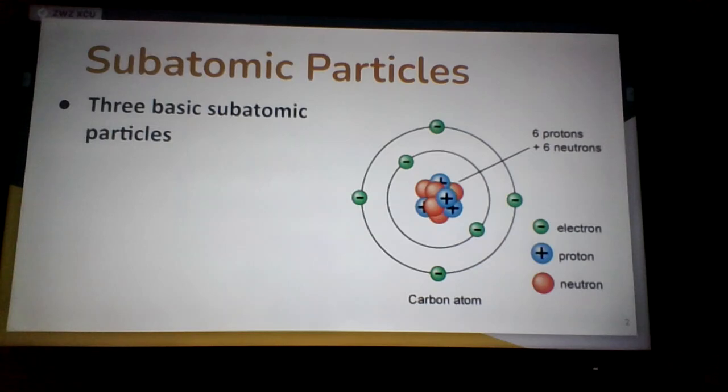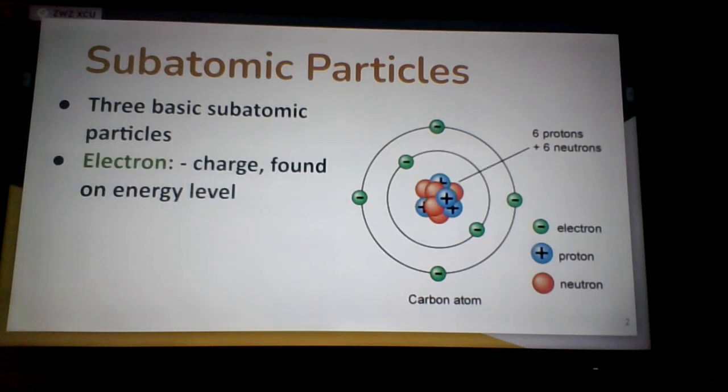3 basic subatomic particles, they're all pictured on the screen right now. The electron. Put the word in green because you see the green on the Bohr model. Those have the negative charge. We talked a little bit about the 2 kinds of electric charges that the particles have. Electrons have the charge called negative. Protons have the charge called positive.